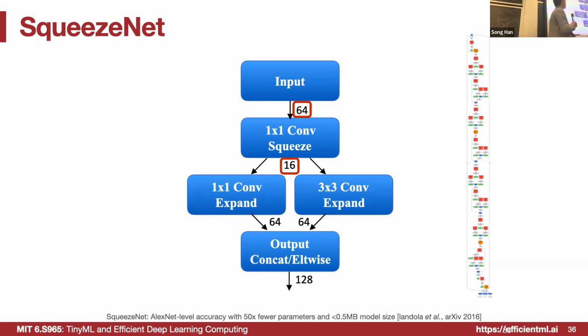The idea is using this 1-by-1 convolution to squeeze the number of channels by a factor of 4 before we feed it to the 3-by-3 convolution. And then we have these 2 branches to capture the information at different resolutions, and then upscale the number of channels to 64 again before we feed it to the next layer. And this is showing the visualization, which is much deeper at that time.